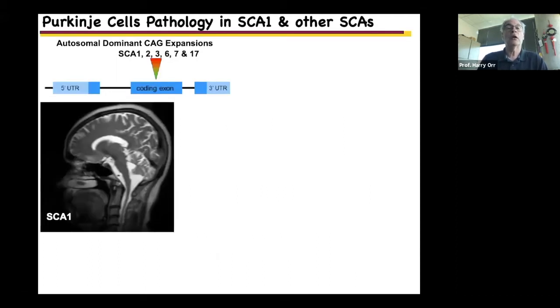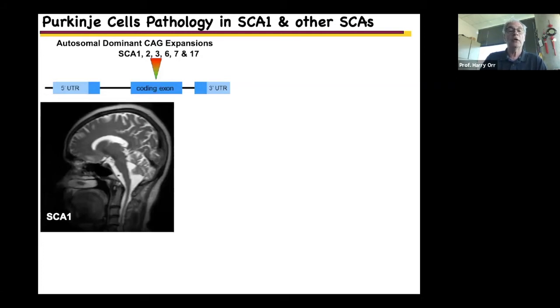First of all, it's important to note that there are several dominant SCAs that are caused by CAG expansions, for example SCAs 1, 2, 3, 6, 7, and 17. These typically show rather substantial atrophy of Purkinje cells in the cerebellum.